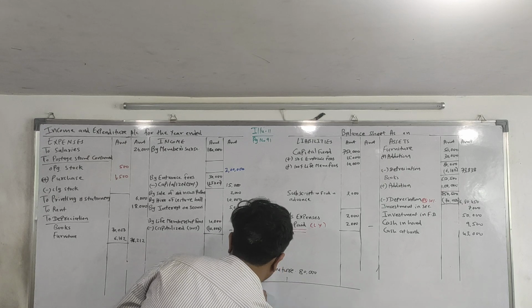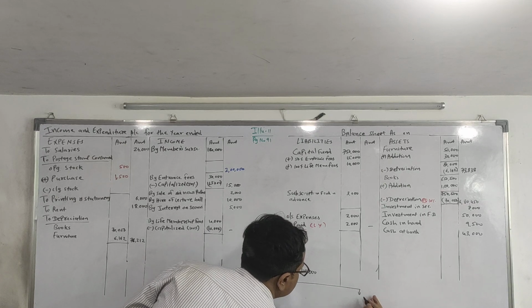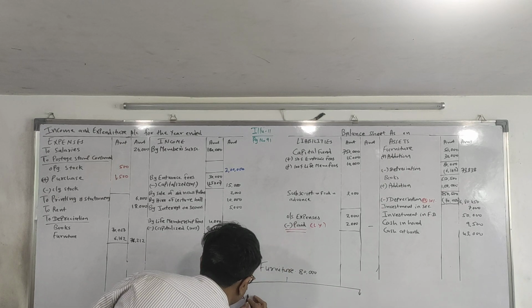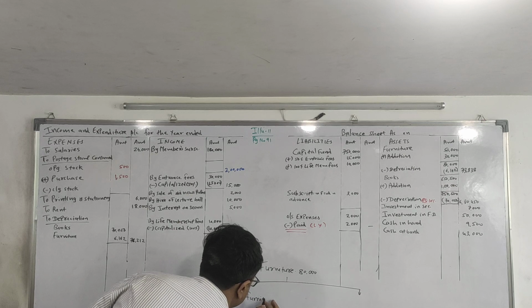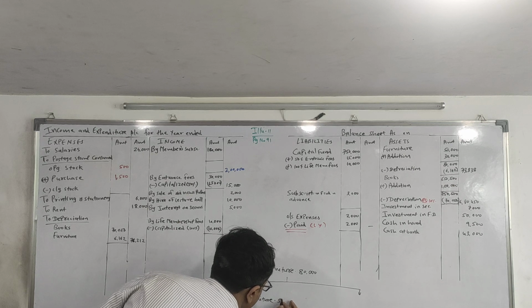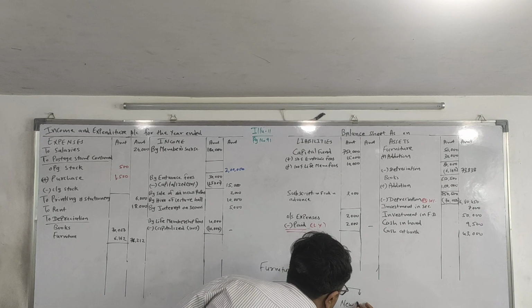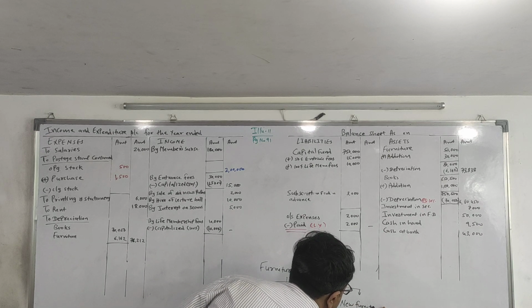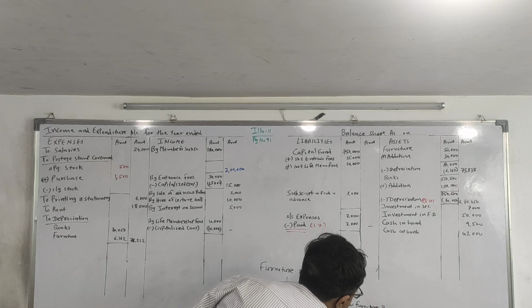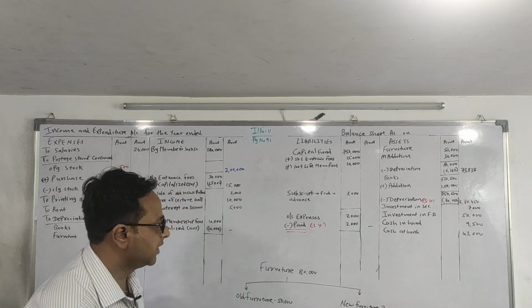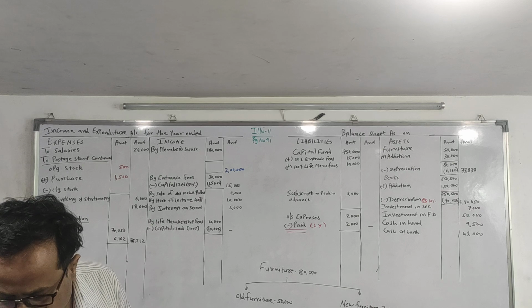It will be divided into two parts. This is your old furniture of rupees 50,000 and new furniture 30,000, when you have purchased this.